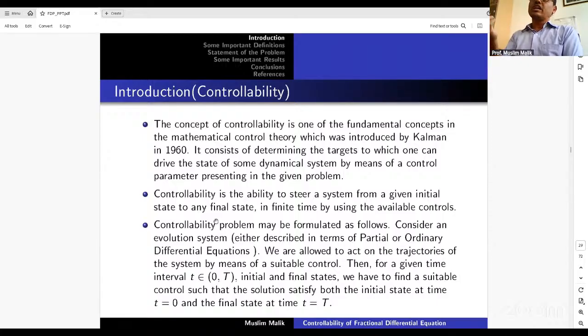That parameter is called the control parameter, and achieving the target by taking a suitable control is called the controllability process.